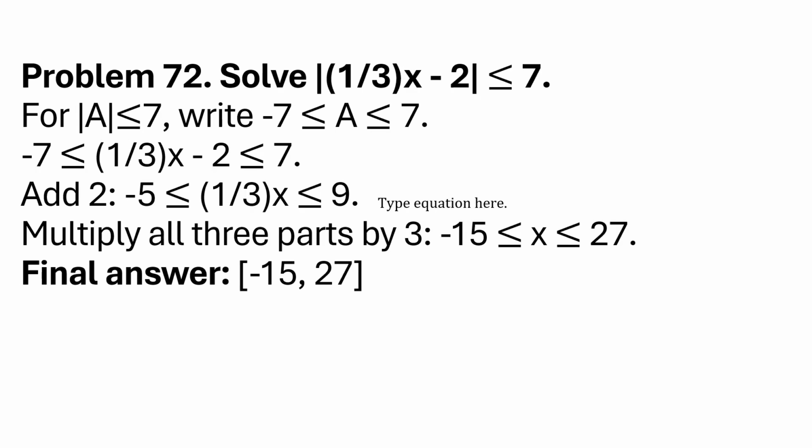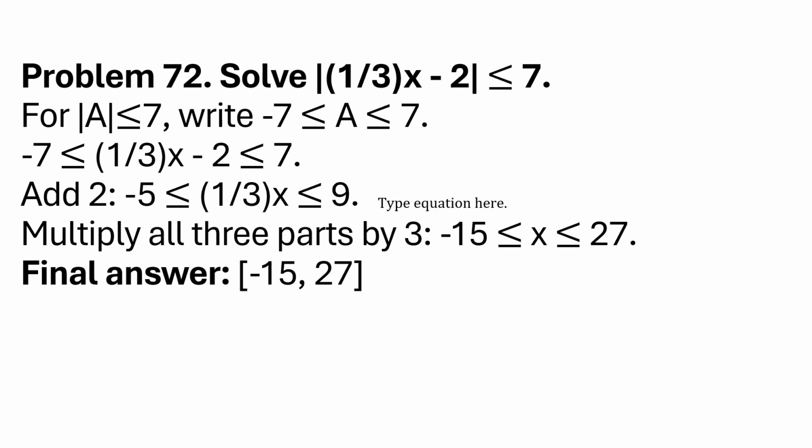We are asked to solve the inequality absolute value of 1/3 x minus 2 is less than or equal to 7. For absolute value less than or equal to a positive number, we write a compound inequality. Negative 7 is less than or equal to 1/3 x minus 2, and 1/3 x minus 2 is less than or equal to 7.